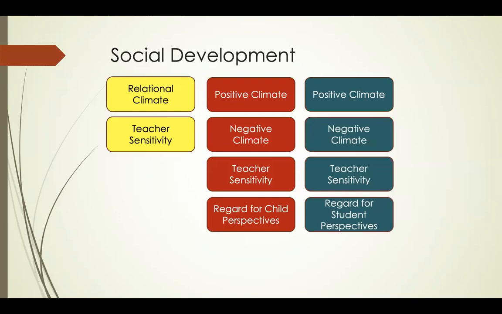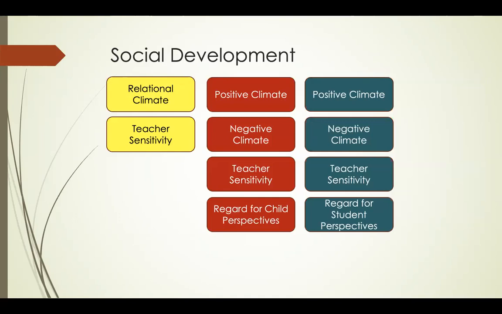So those categories really lend themselves to the way the CLASS tool is organized. We are focusing on the middle column, that is the toddler. The social development is measured in these dimensions.